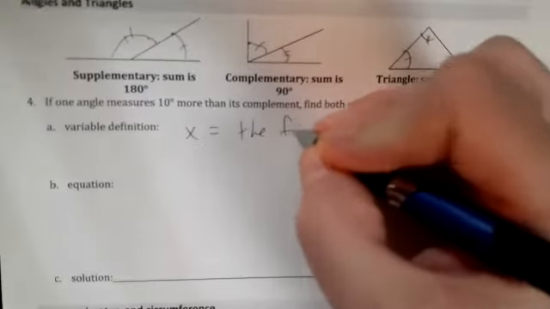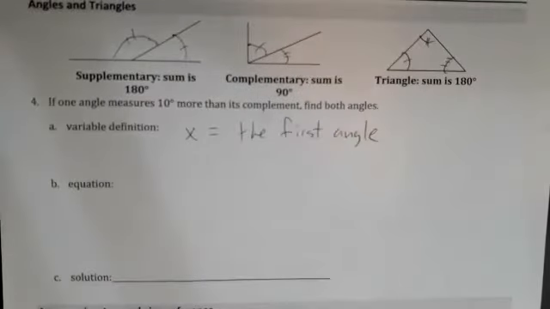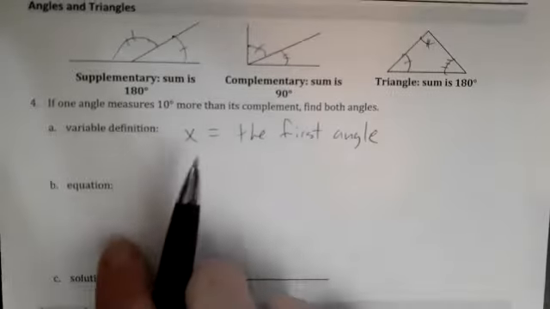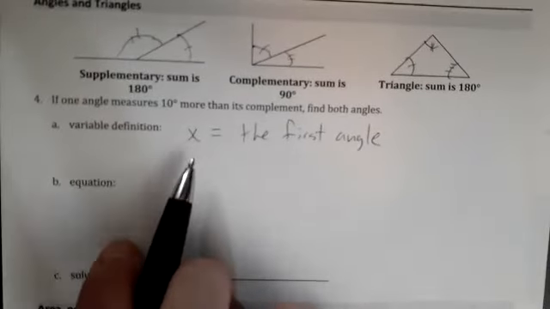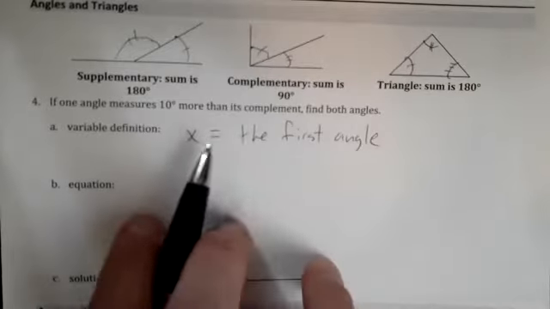So our first variable is just one of the angles. So x is the first angle. We know that one angle measures 10 more than its complement. And so if this is the first angle, the other angle measures 10 more than this one.